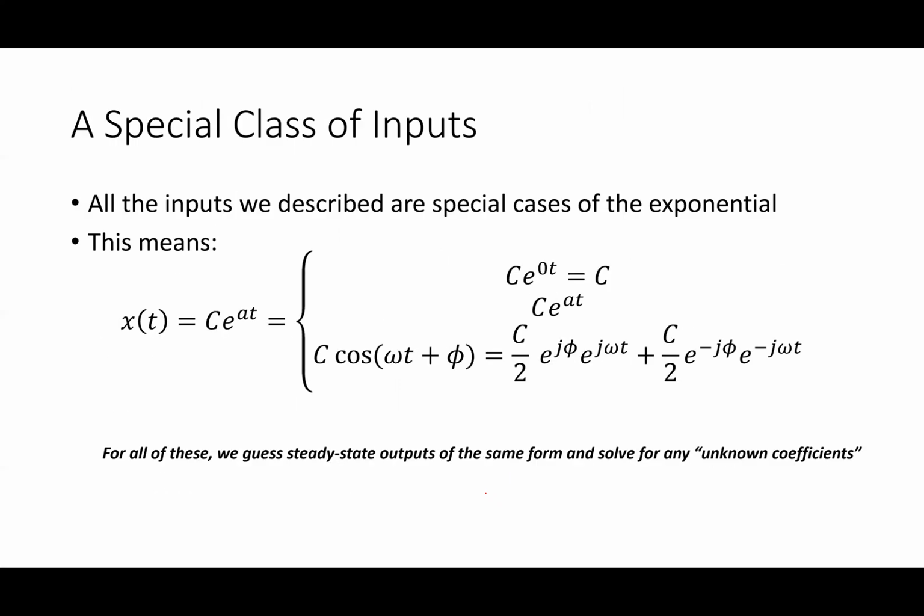The cool thing about all of those inputs: the constant is an exponential with its exponent equal to 0, the exponential is an exponential, and the sine wave is essentially the sum of 2 rotating exponentials, okay? For all of these functions, anything that's exponential has this really special property that the steady state output has the exact same form as the input, okay?